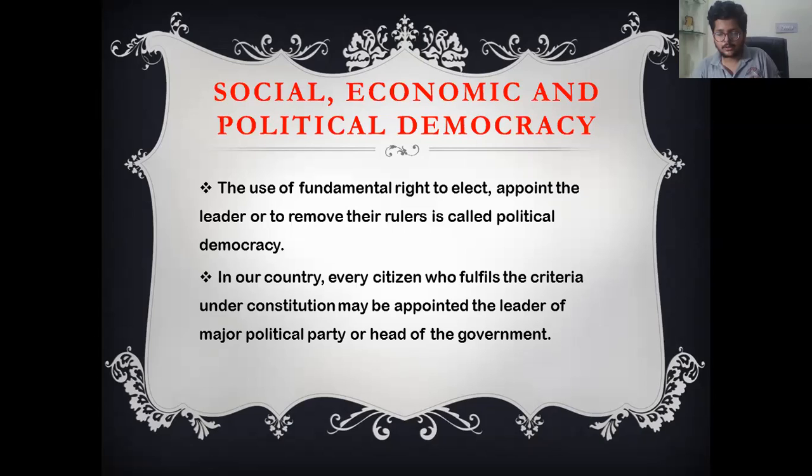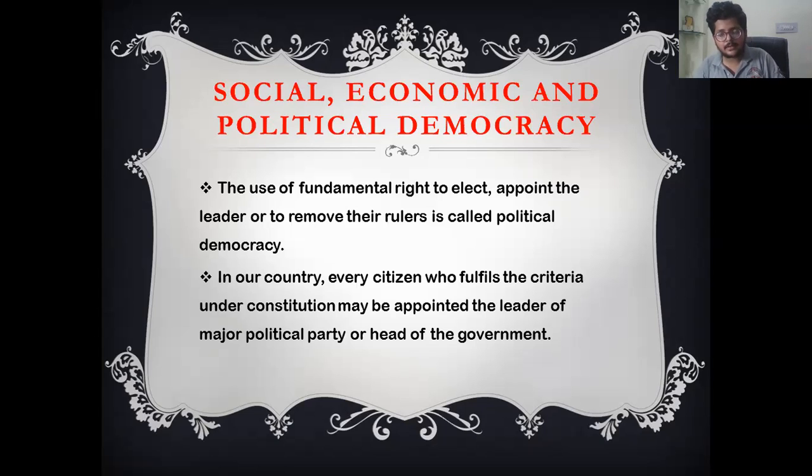And what is economic democracy? Where everybody, irrespective of income, has equal democratic powers. So social democracy is a type of democracy where everybody has equal rights, irrespective of social backgrounds like caste, color, creed, religion, gender.